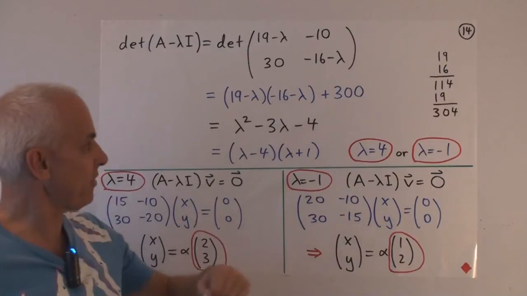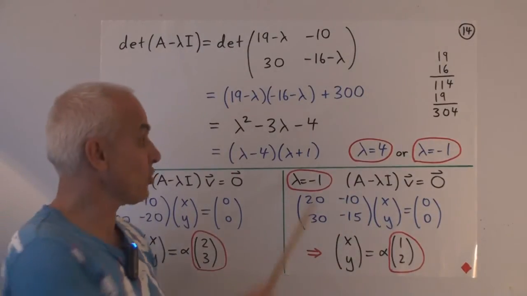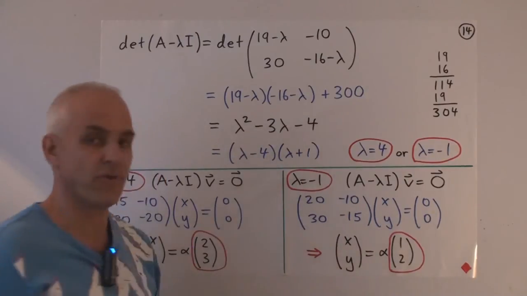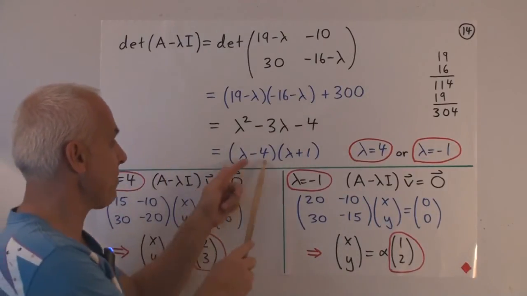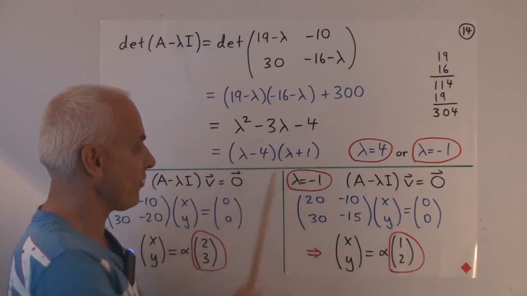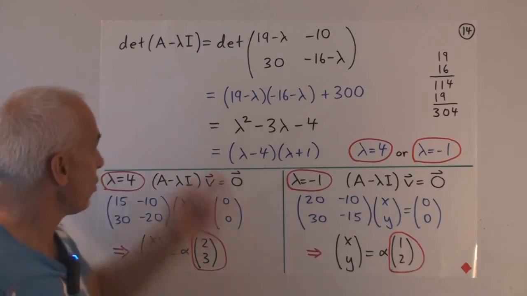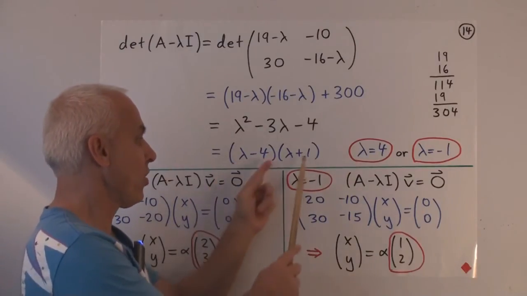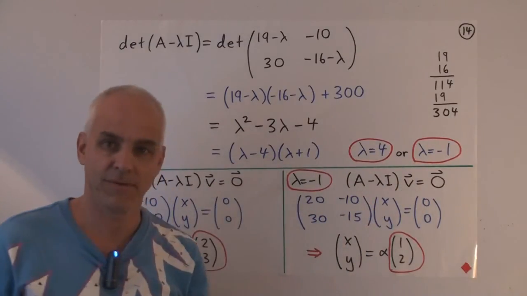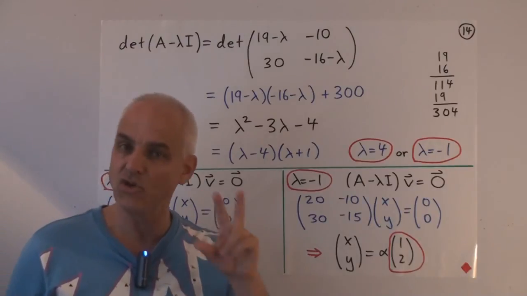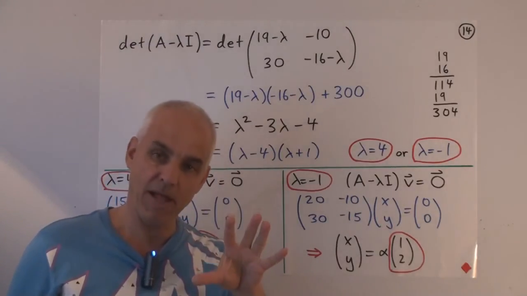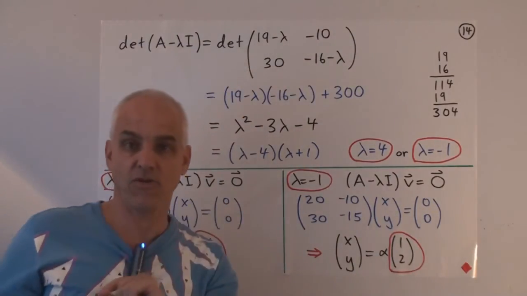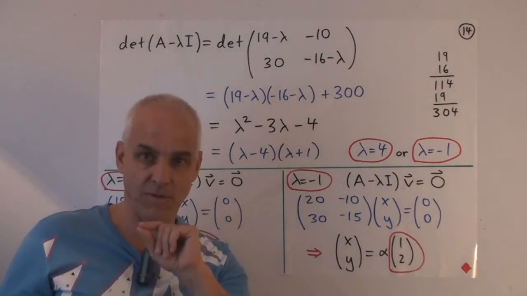So it's minus 304 plus 300, for a total of minus 4. Conveniently, this quadratic expression factors as lambda minus 4 times lambda plus 1. So when is this equal to 0? It's equal to 0 when lambda equals 4 or lambda equals minus 1. Those are the only two values for lambda that will make this matrix not invertible.